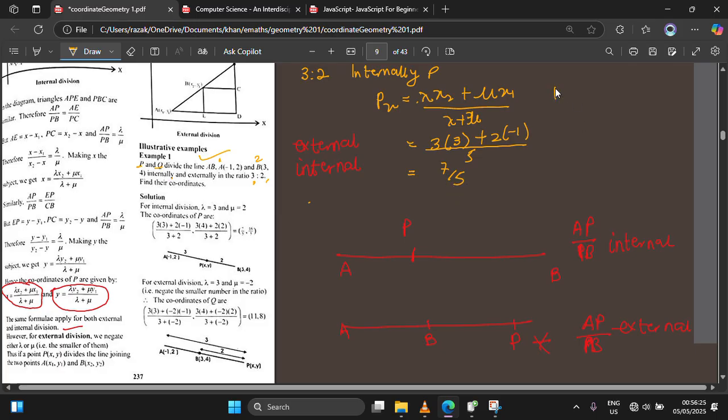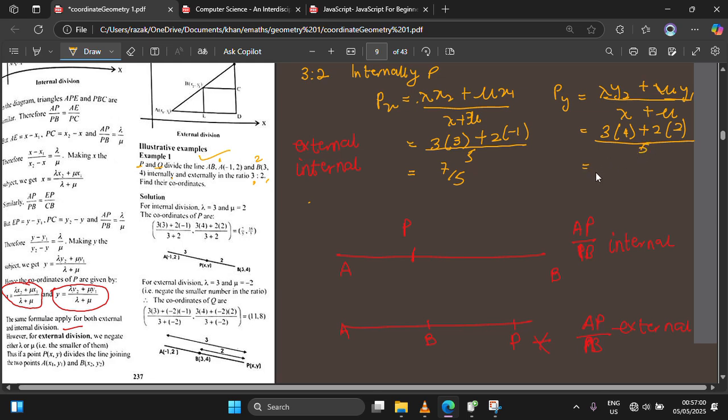Now let's see P of y. Lambda y2 plus mu y1 over lambda plus mu. We have 3, y2 is 4, plus mu is 2, y1 is 2, divided by 5.